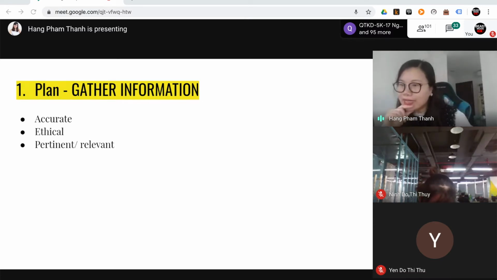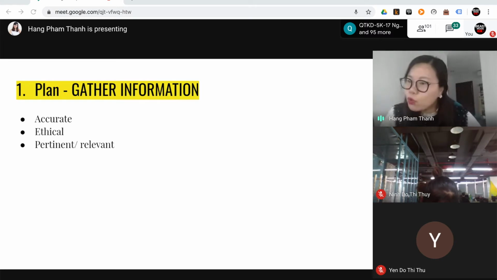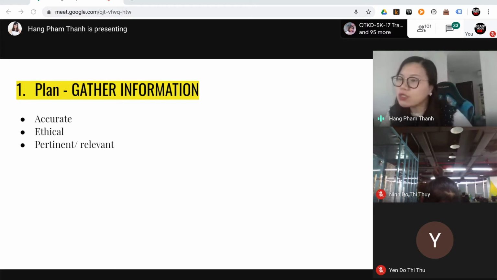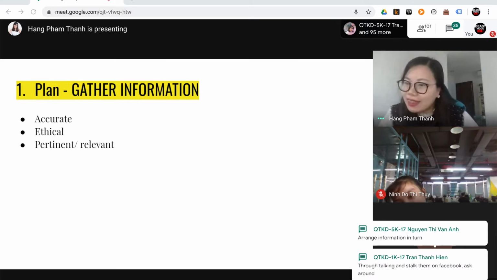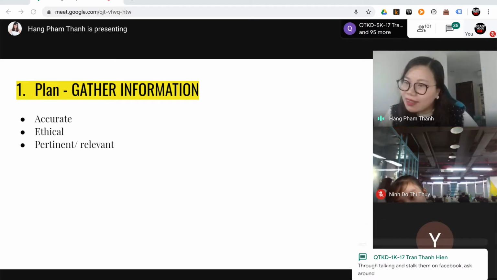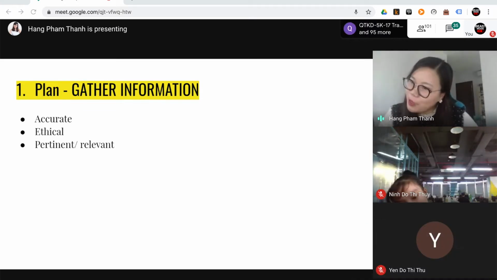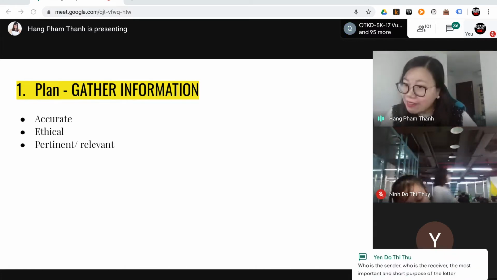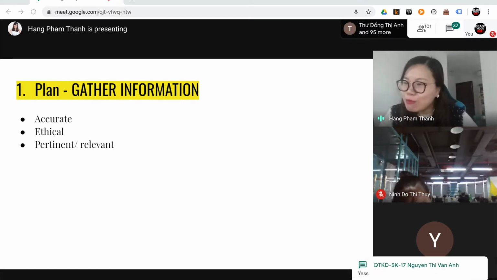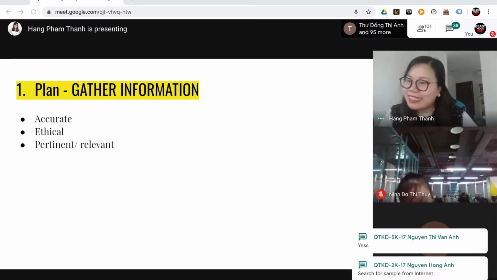I don't really understand your point, Hang. Can you explain it a little bit more? And Zoom added the idea that we should search for cover letter forms. Yeah, exactly. So you mean that we need to arrange the information logically, right? Through talking and stalking them on Facebook and asking around.